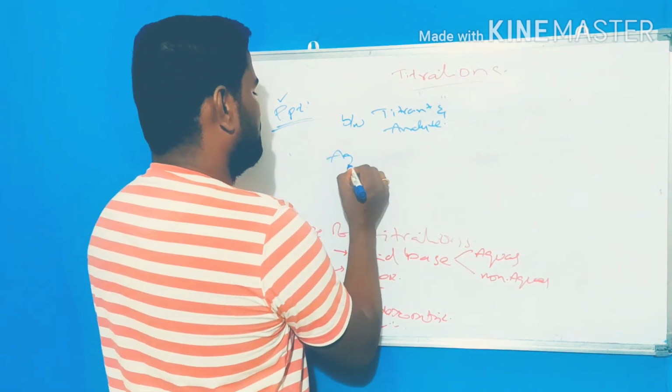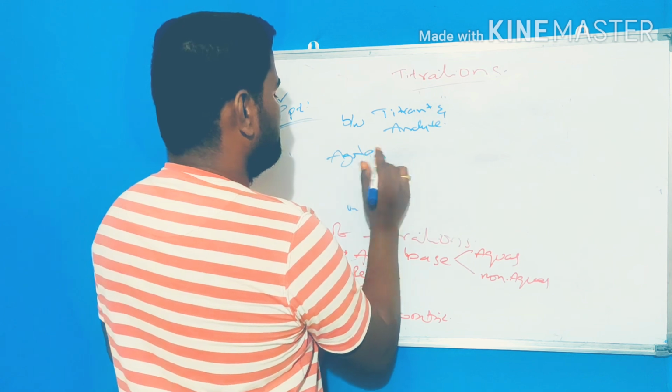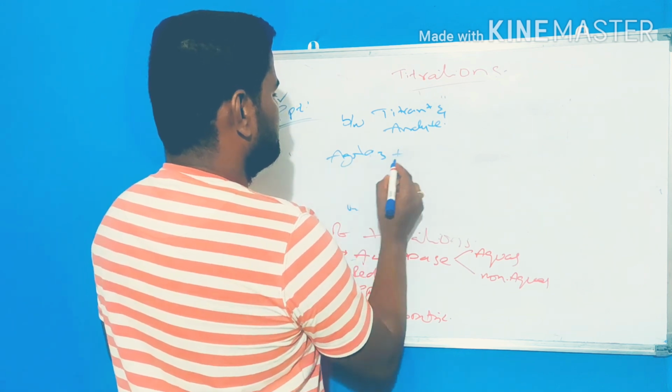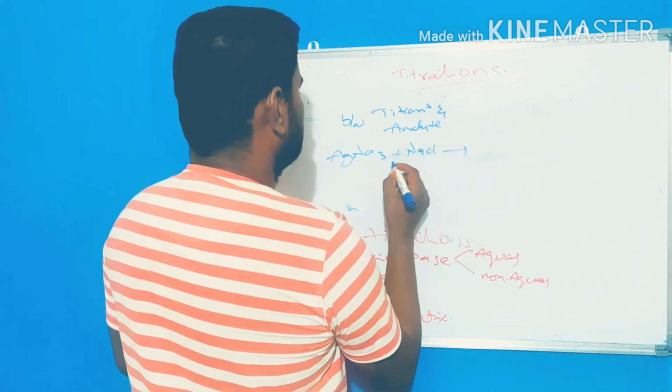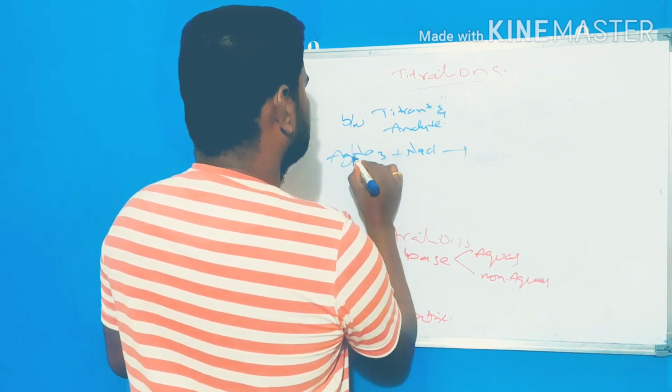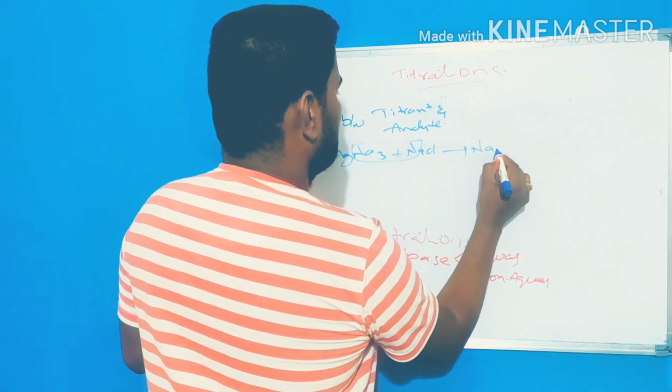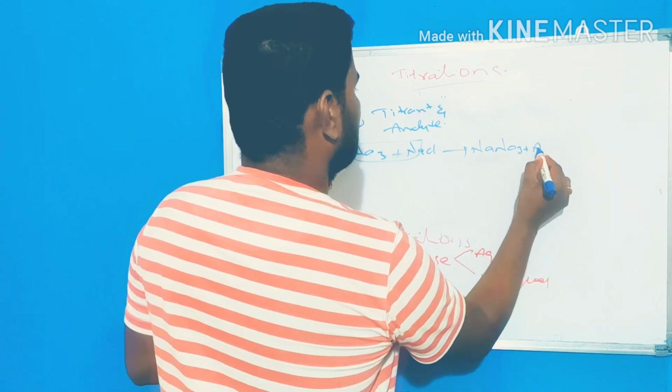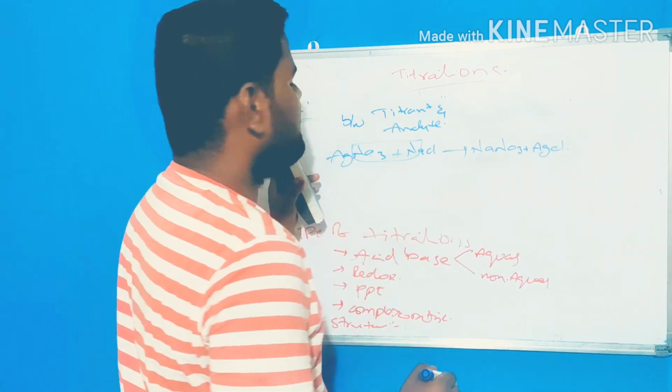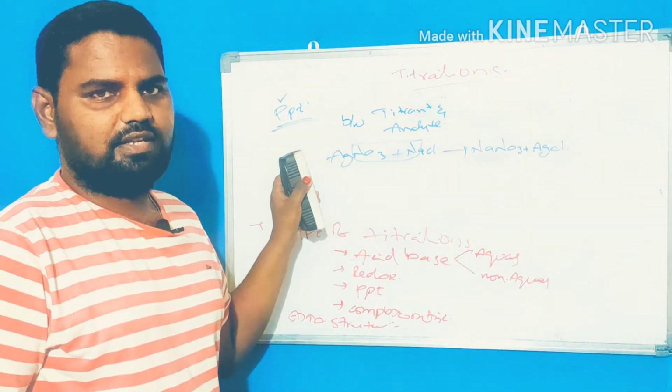Example: AgNO3 plus NaCl gives AgCl. This is a precipitation reaction.